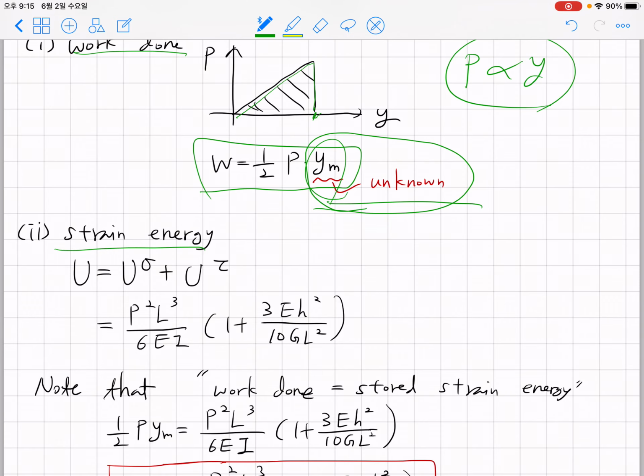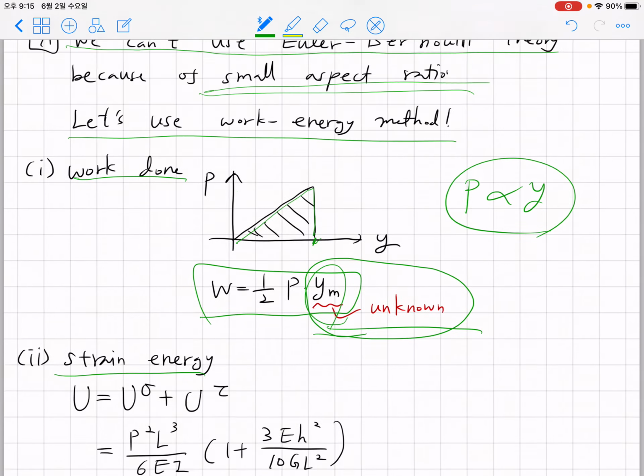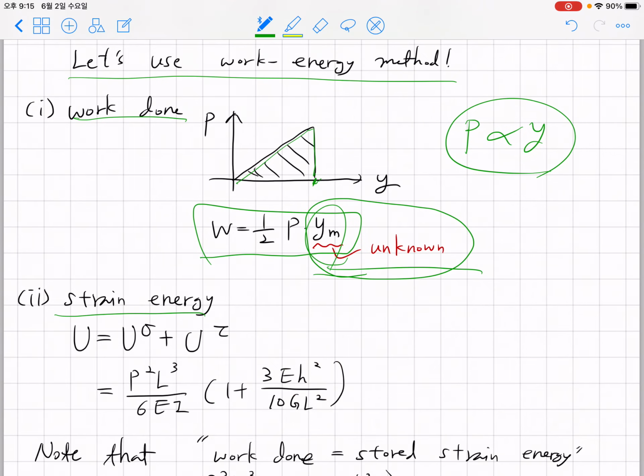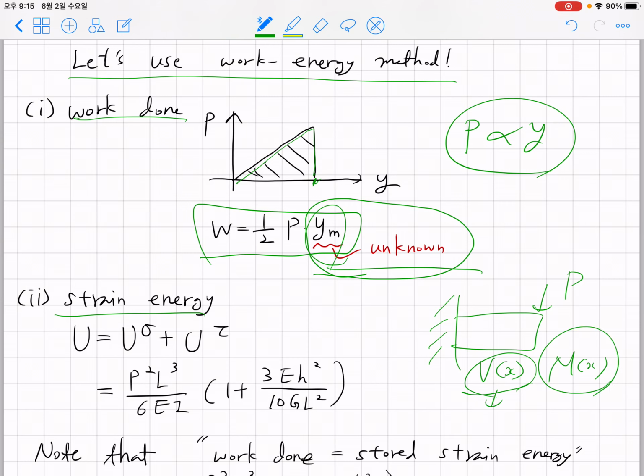So for the strain energy, what we can do is, out of this problem, obtain the distribution of V and the distribution of M, and out of V and M, which generate shear stress and normal stress, we can obtain U sigma and U tau.